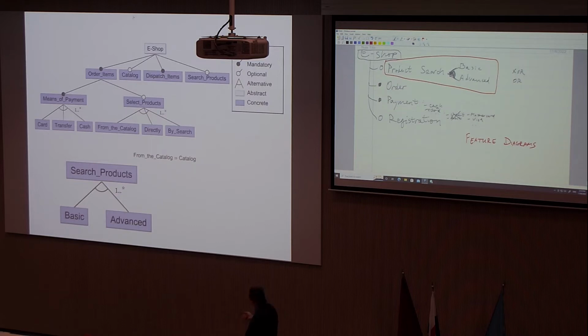This is not a cardinality attached to this edge, but to this arc. And slight changes are happening. I can add this here as well. If I put this here, then this feature diagram also could be valid.